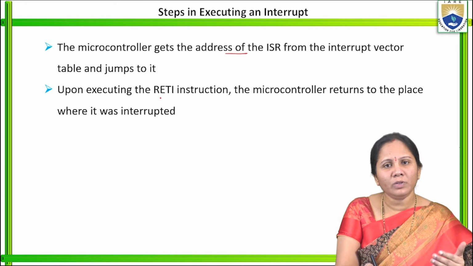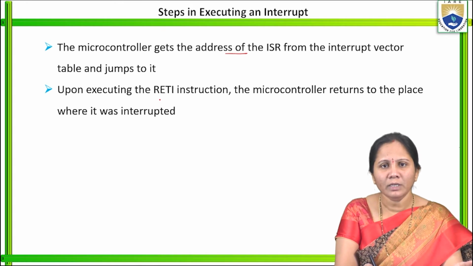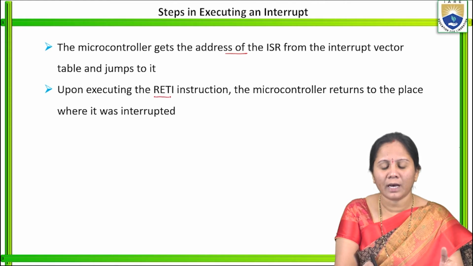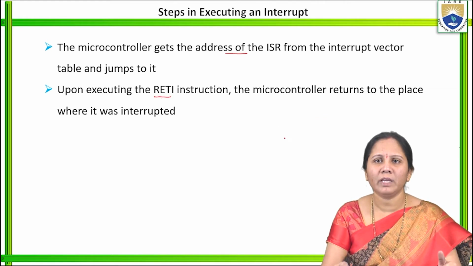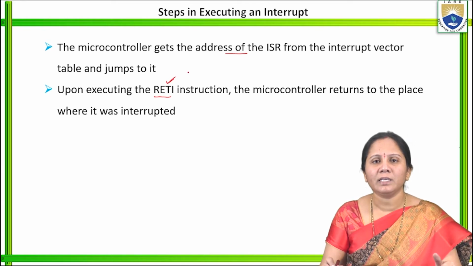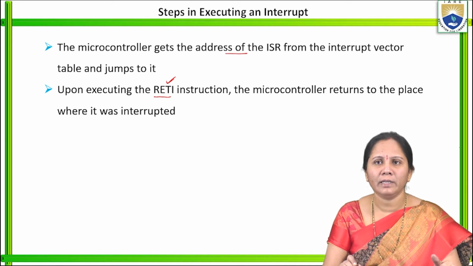So upon executing that particular interrupt service routine, the last instruction of the ISR program we have to write is RETI, that is return from the interrupt. Whenever this instruction is executed, so that is why the last instruction compulsorily in the ISR program we have to write is RETI.